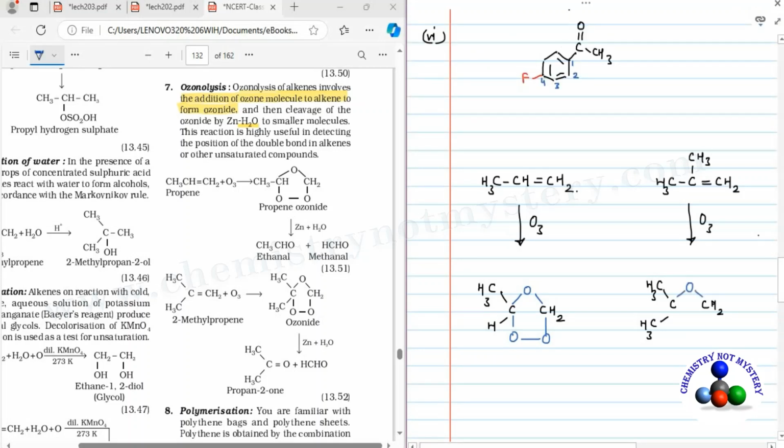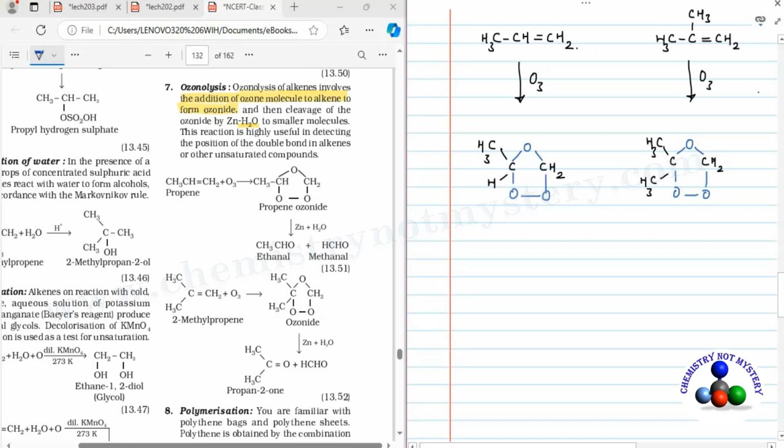So here, that's how you can attach ozone O3, and this is the ozonoid. Now this ozonoid undergoes cleavage. So here you have to break all these bonds where this line passes through. This reaction takes place in presence of zinc dust and water.